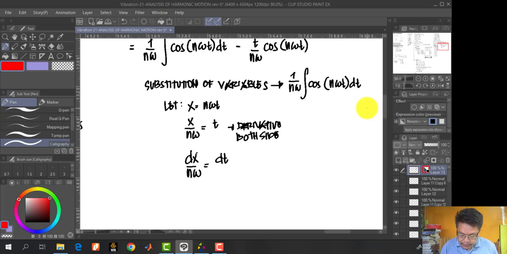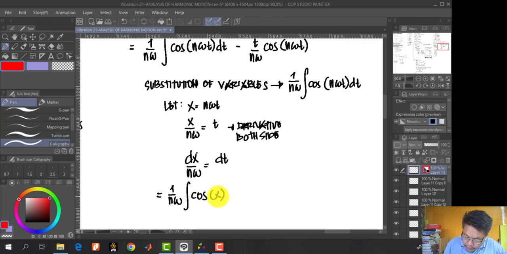So let's go back and rewrite our equation for this part. We have 1 over n angular velocity, and I'm going to integrate this one using substitution. For the cosine, remembering that we let x be equal to this value, I'm going to use x.